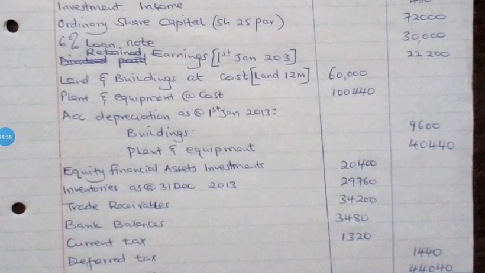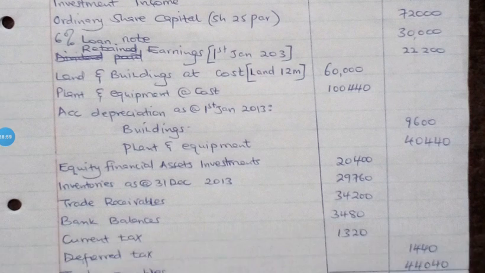So when you go to our trial balance, where is the cost of our plant and equipment? Plant and equipment as per our trial balance is 100,440. That is our cost.